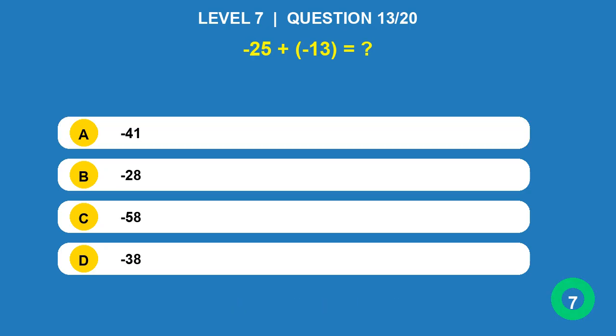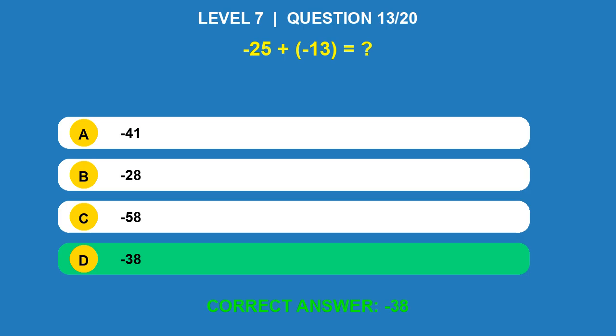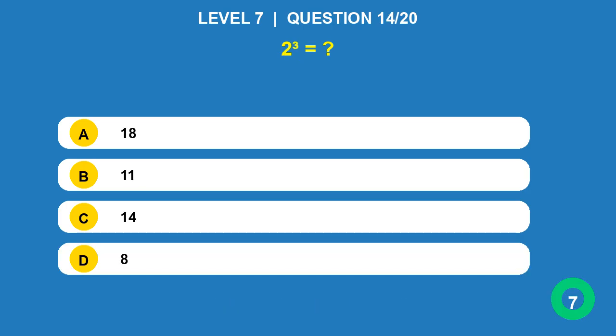Minus 25 plus minus 13 equals? Answer is minus 38. 2 superscript 3 equals?